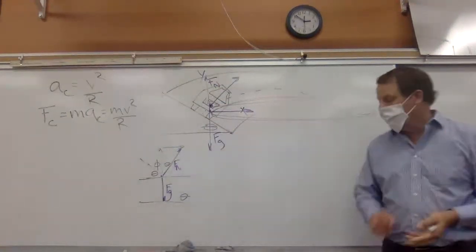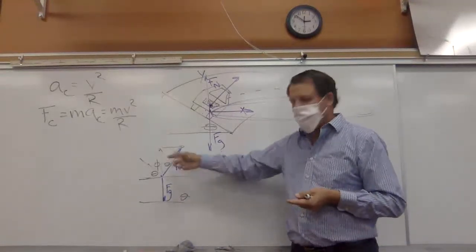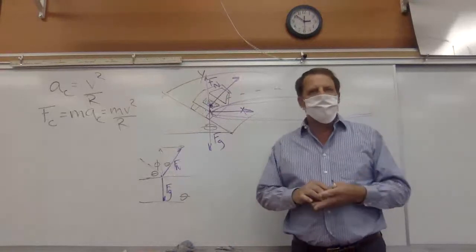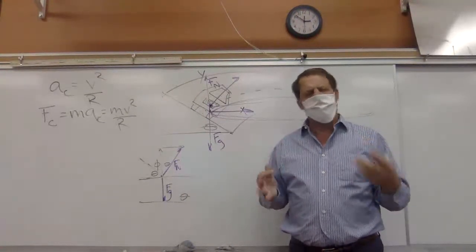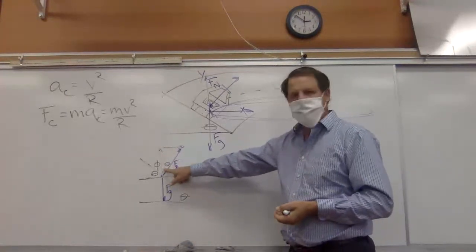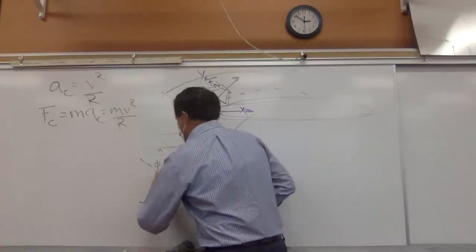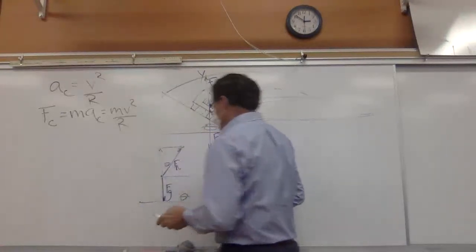When you first look at it, at least in my eyes, this theta and this theta don't seem the same, because this doesn't look like the corresponding one, but it is. Okay, so we will get rid of this now.